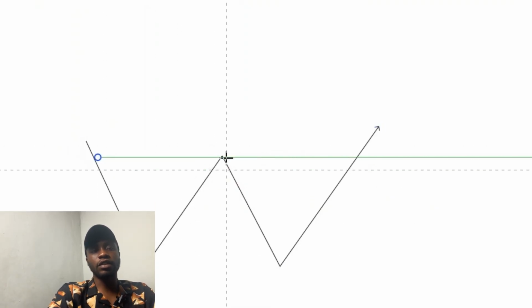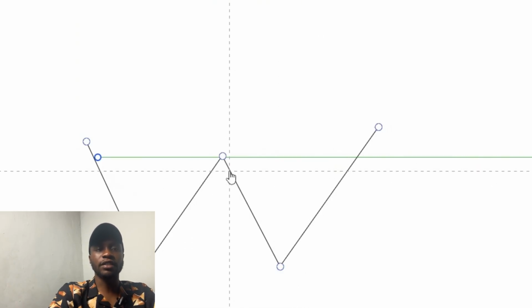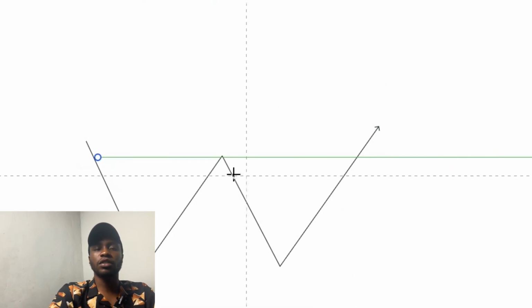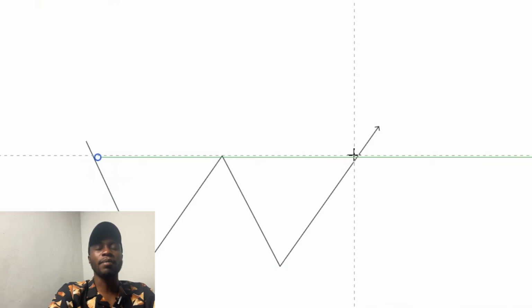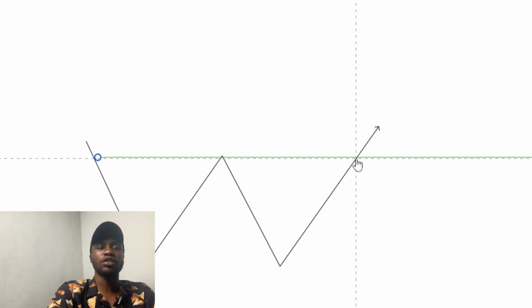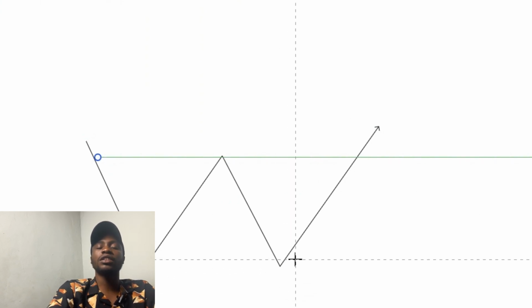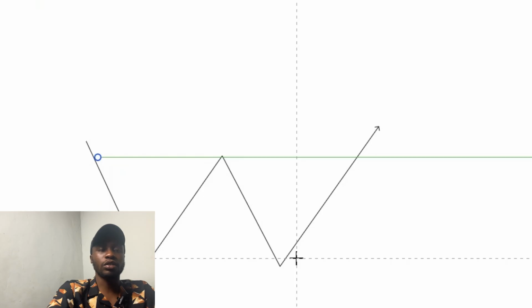This resistance here, when the market was coming from here, it was a resistance. So I don't see a resistance and say, maybe when the market comes here, let me short the market because it came to a resistance and it's going to react and start falling. No, I like trading support more than resistance because it's more safe.